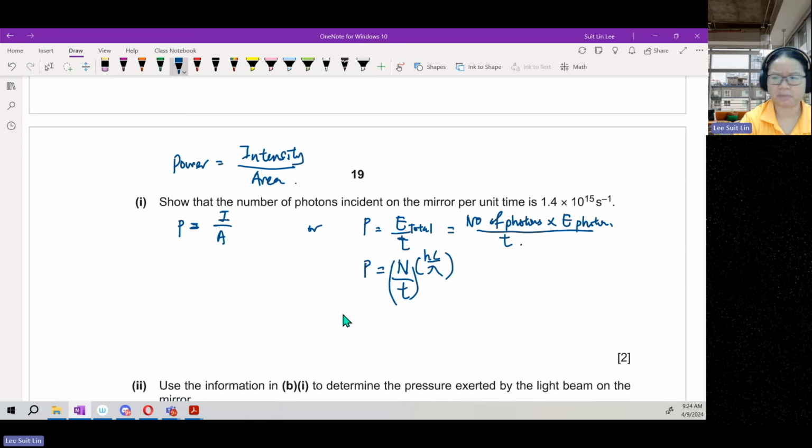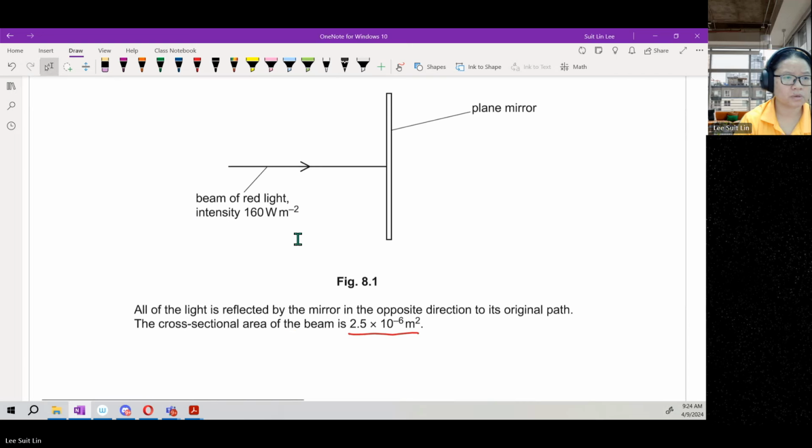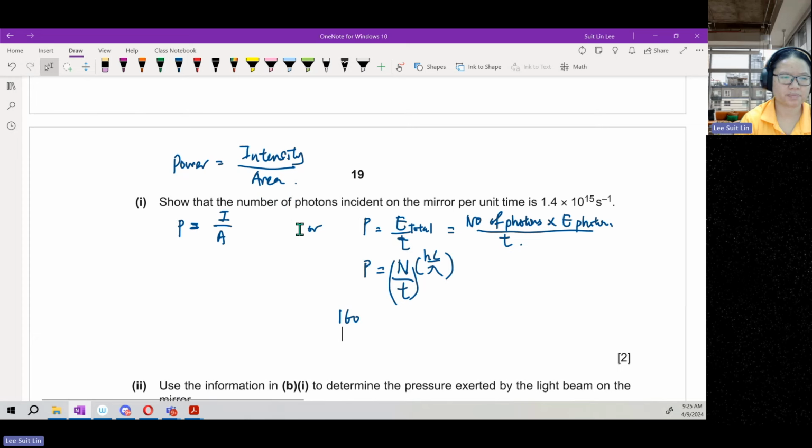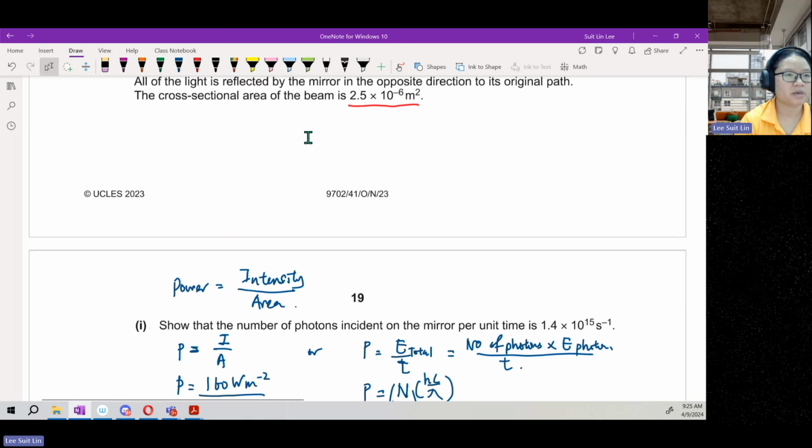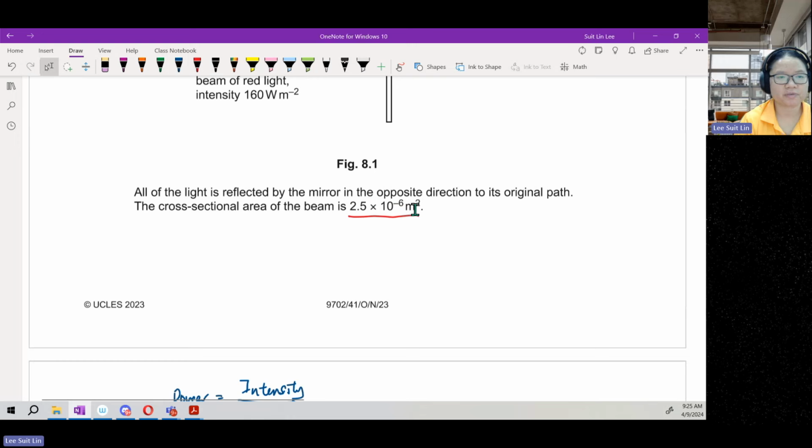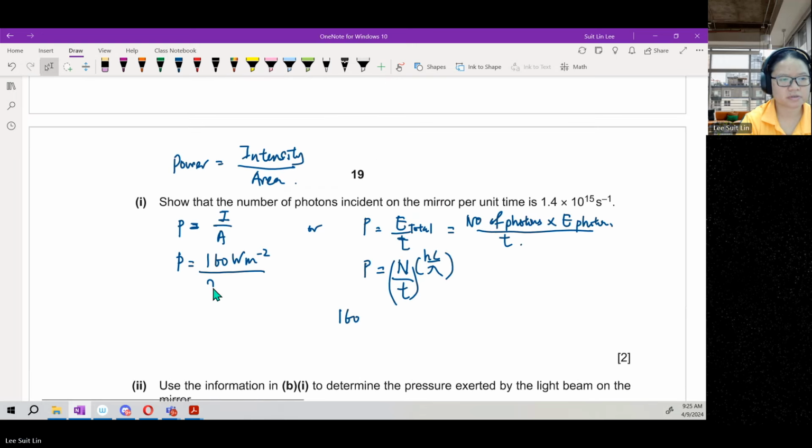All right, so the power is 160. Oh wait, the intensity is 160 watt per meter squared, which means I need to substitute 160 watt per meter squared multiplied by area 2.5 times 10 to the power negative 6. Okay, throw everything inside.